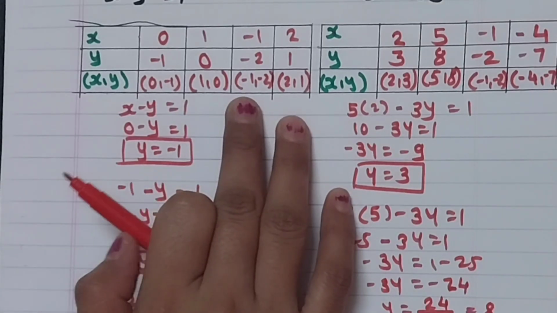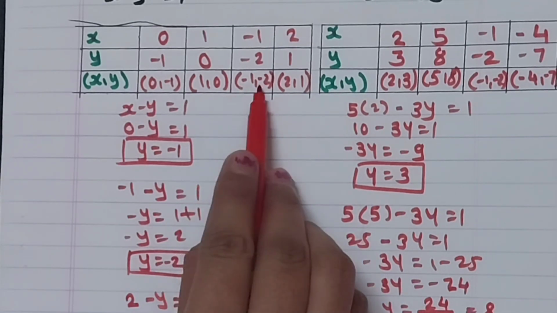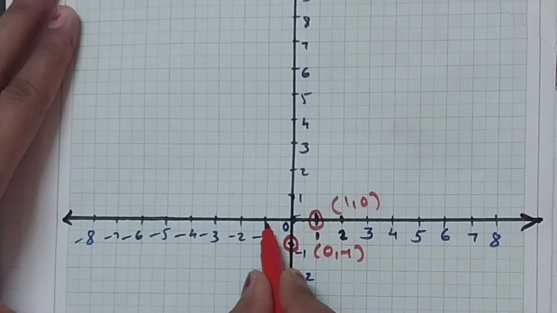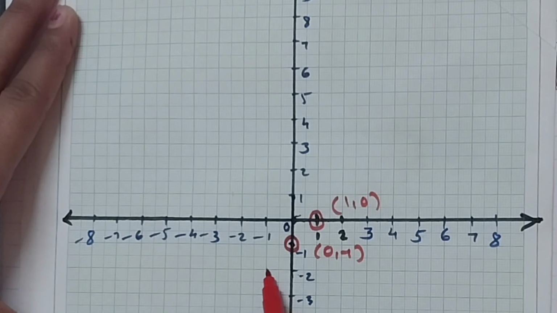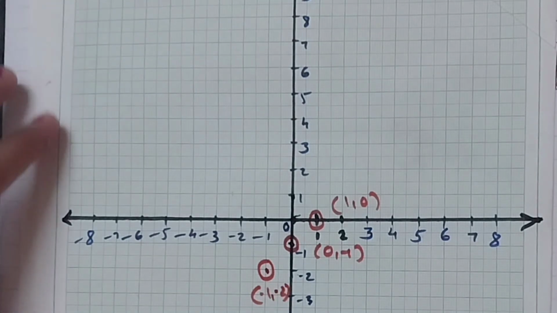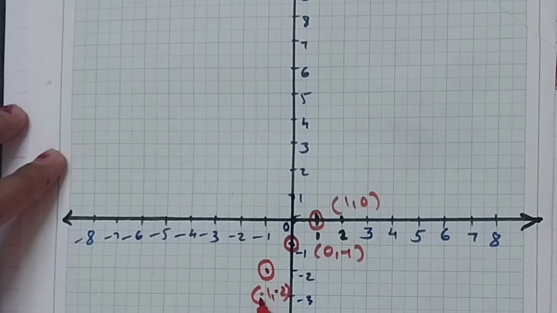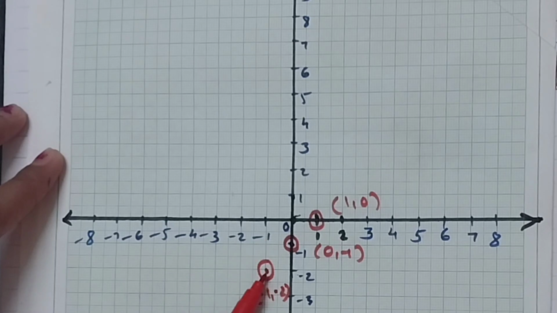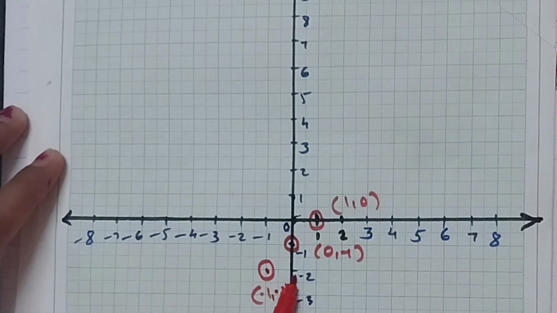The next point is -1, -2. So -1 is x and -2 is y. So here is the point and we plot here. We write -1 and -2. This is the x axis and this is the -1 point, and here is the -2 of the y axis.